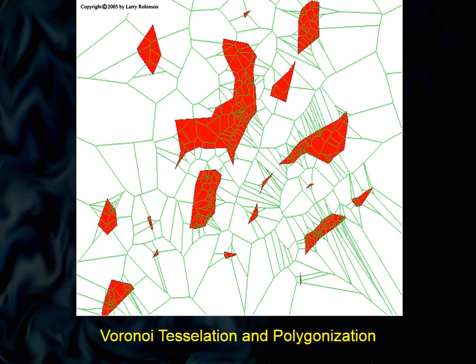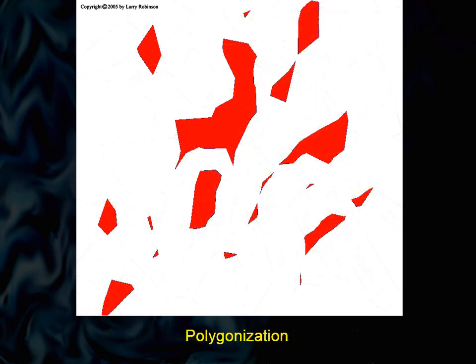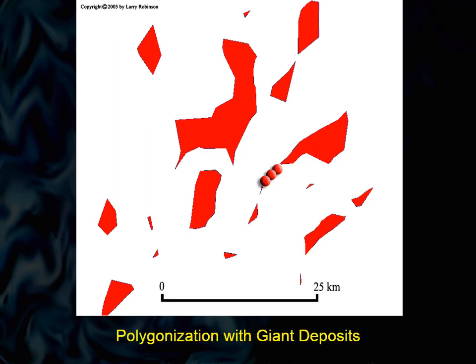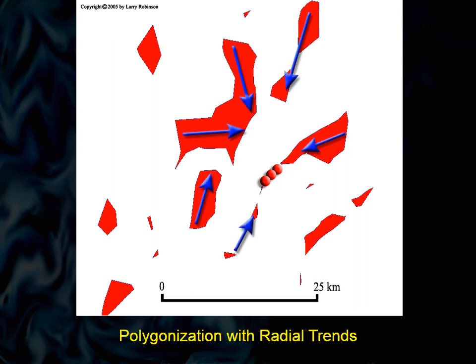Voronoi tessellation and polygonization. Polygonization. Polygonization with giant deposits. Polygonization, giant deposits, and radial trends.